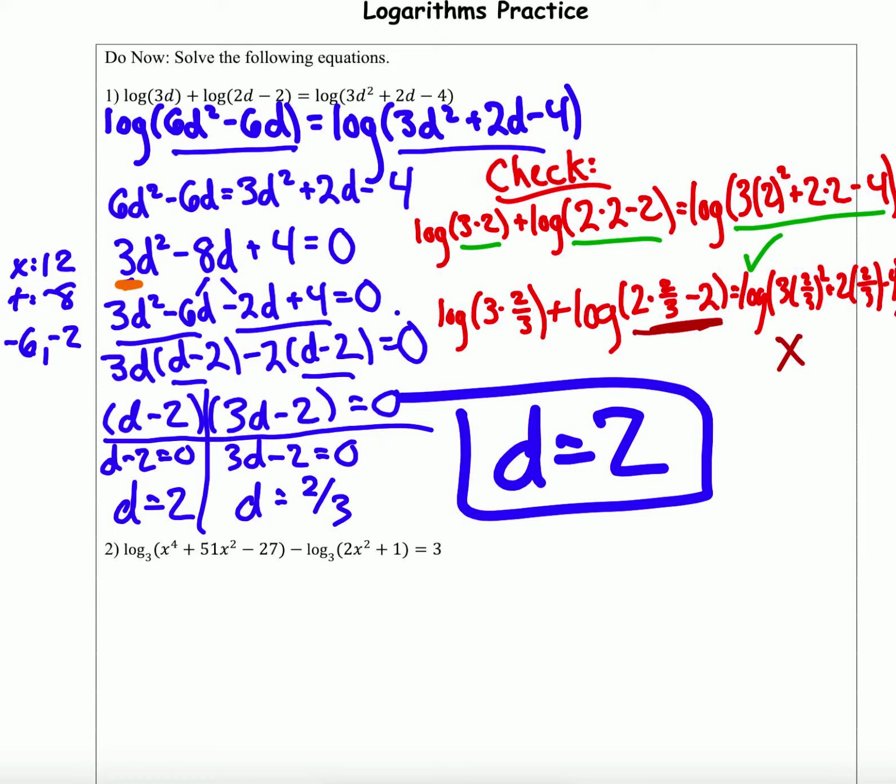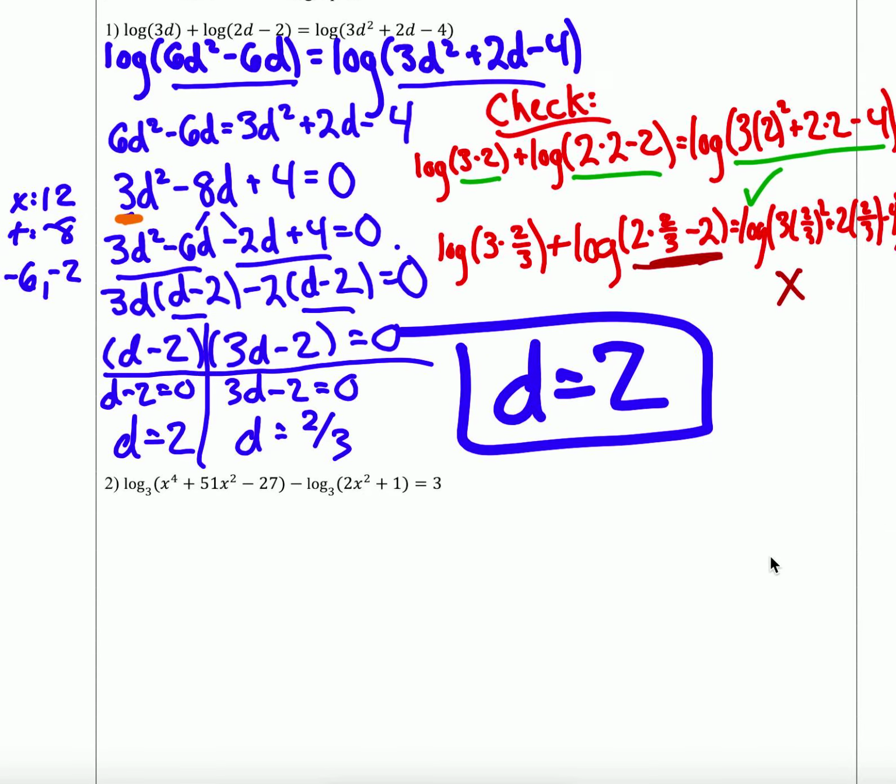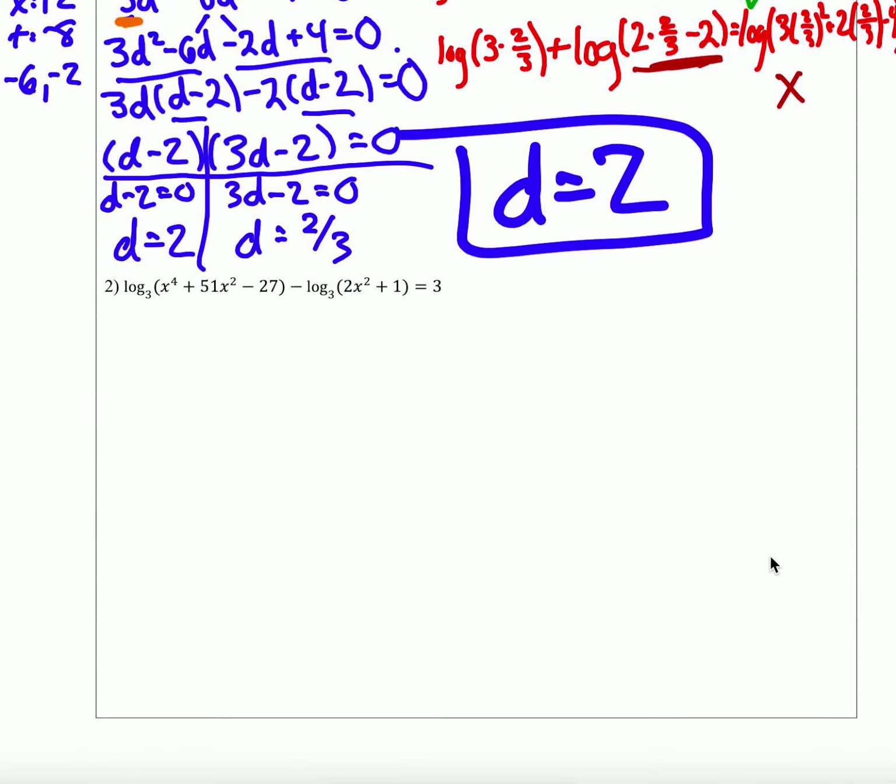So let's look at number 2. Here we have 2 logs with the same base on the left. They're being subtracted, and a constant on the right. So what I'm first going to want to do here is condense those logarithms on the left side of the equation. So I'm subtracting 2 logarithms with the same base.